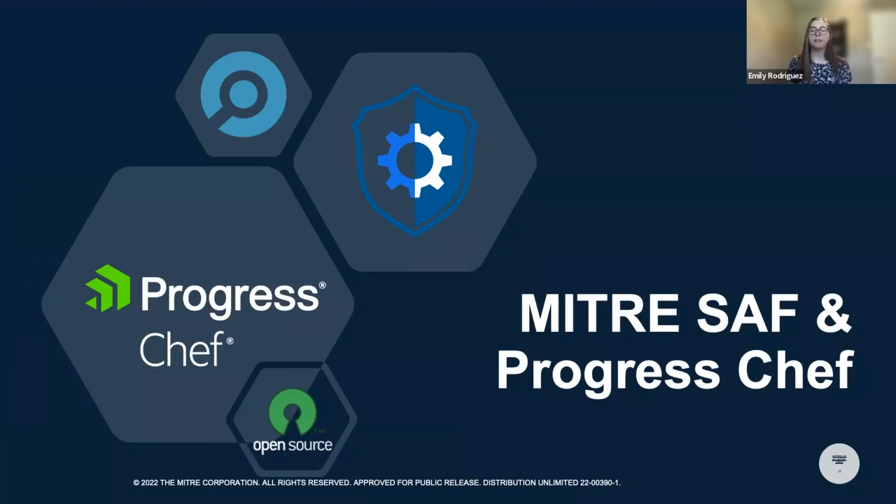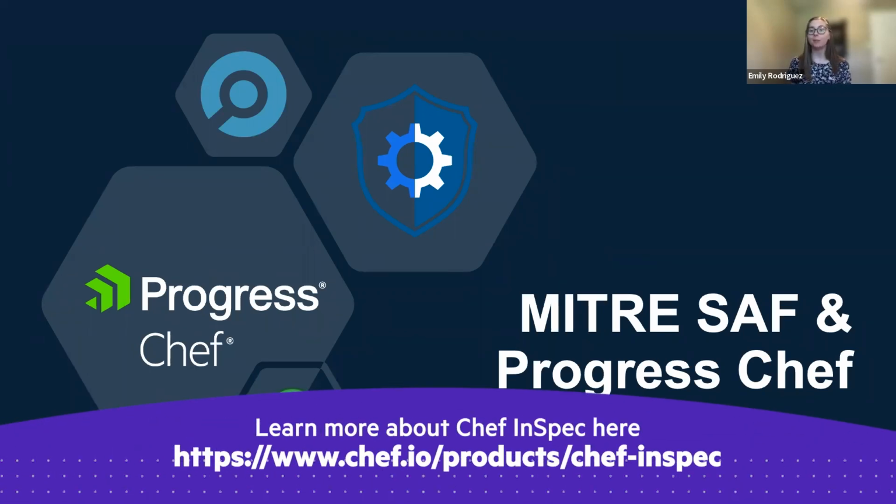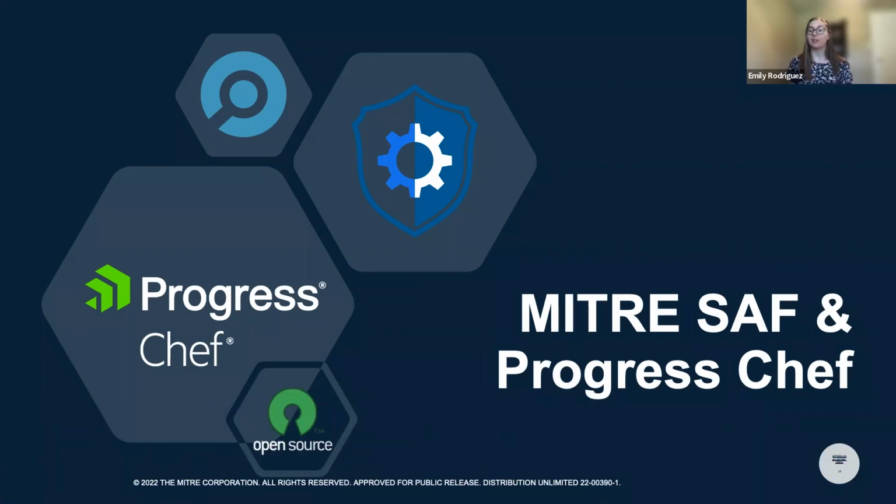So MITRE SAF and Progress Chef teams have been collaborating really since the beginning of the InSpec project. Our teams have been able to bring some exciting new capabilities to the InSpec community, including profile dependencies, inputs, attributes, enhanced outcomes, attestations and waivers, parallel execution, and so on.